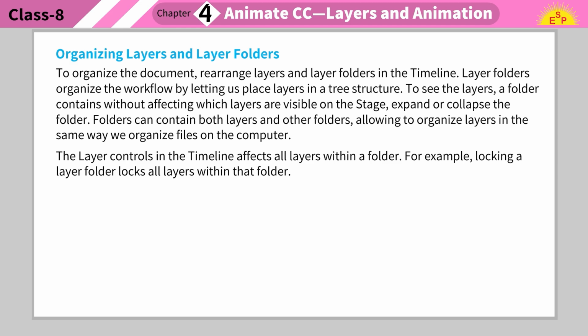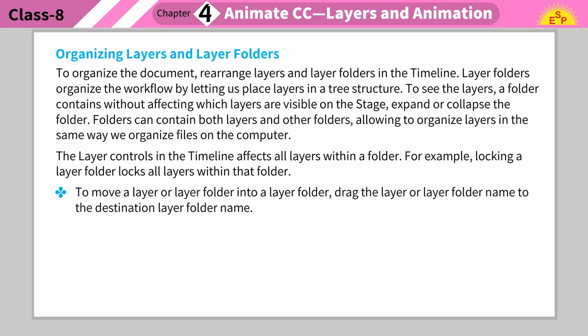Folders can contain both layers and other folders, allowing us to organize layers in the same way we organize files on the computer. The layer controls in the timeline affect all layers within a folder. For example, locking a layer folder locks all layers within that folder.